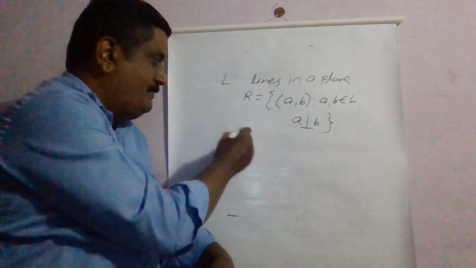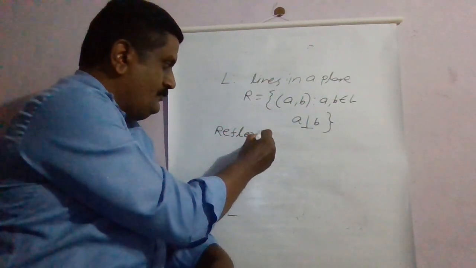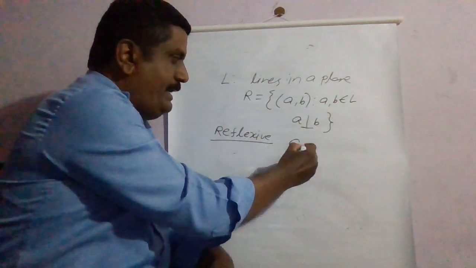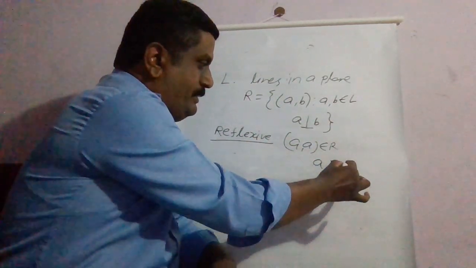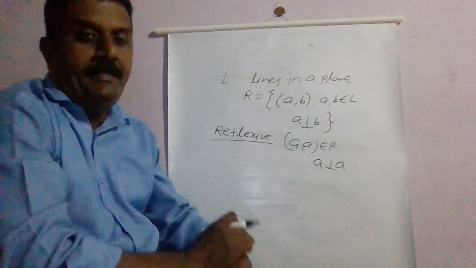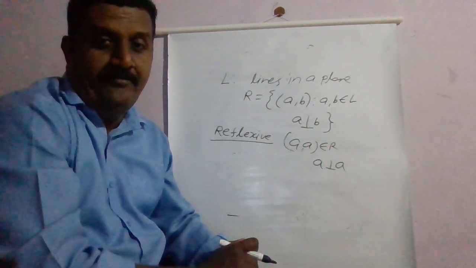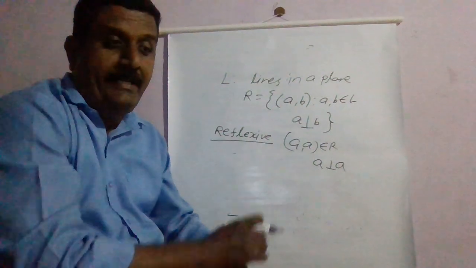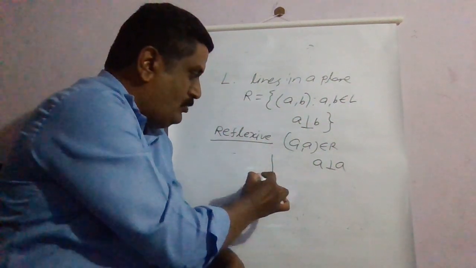So first we will check whether it is reflexive. Reflexive means AA must be there, that is, A is perpendicular to A, then only it belongs to R. Every line is perpendicular to itself? It is not true. If two lines are perpendicular, what is the condition?